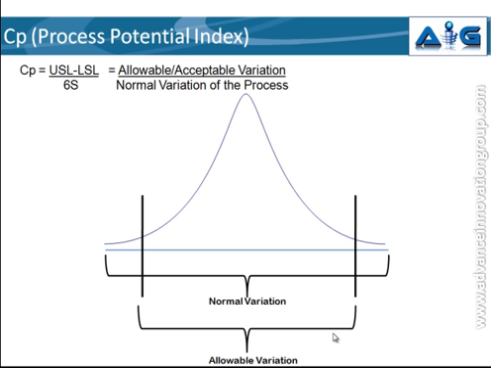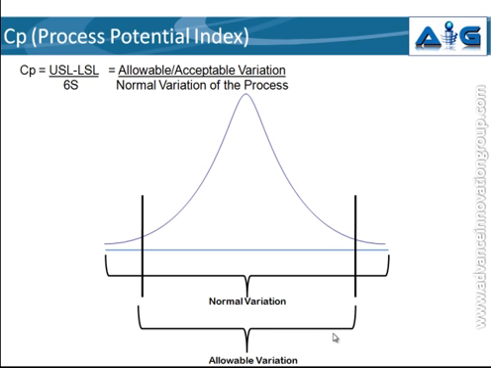At the same time, if you look at 6 standard deviation, the question comes, what is 6 standard deviation? If you have gone through the video on normal distribution, I'm sure you know that if you go 3 standard deviations plus and 3 standard deviations minus from the mean, then almost 99.73% of the process will fall within that range.